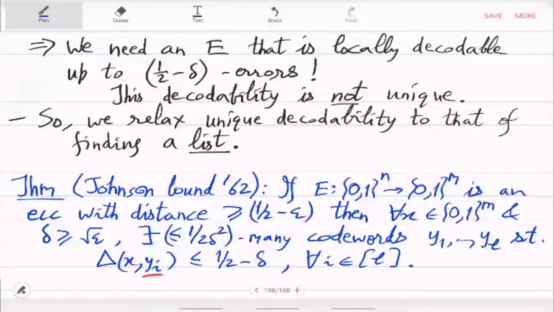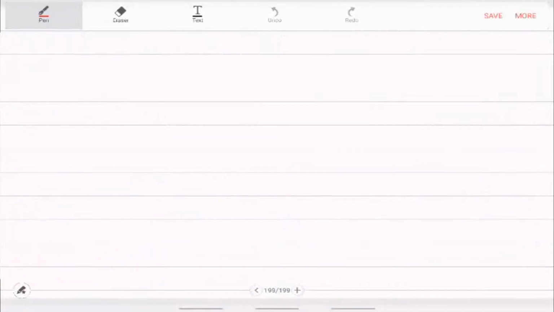Okay, so you can think of this as the following picture. You look at the ball around x, of radius half minus delta, which means collect all these strings which are at fractional Hamming distance exactly half minus delta or less.